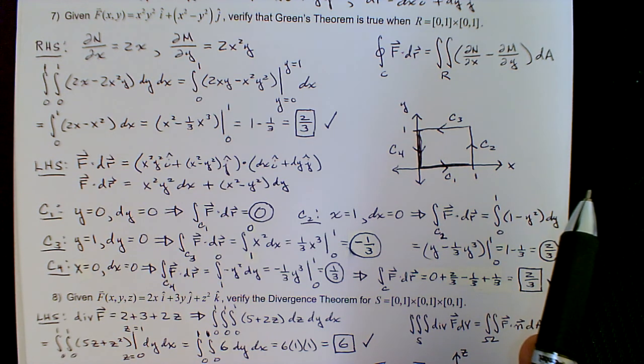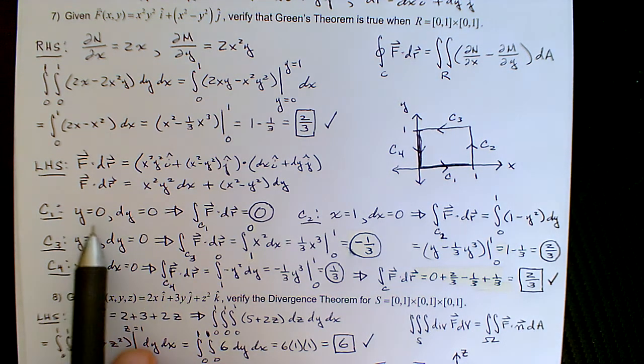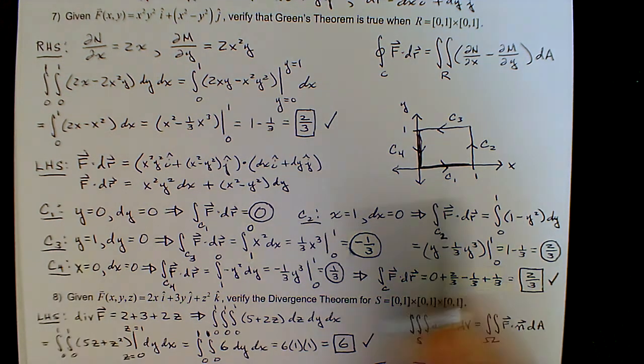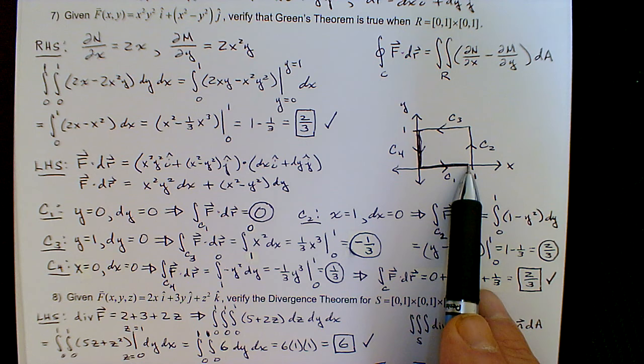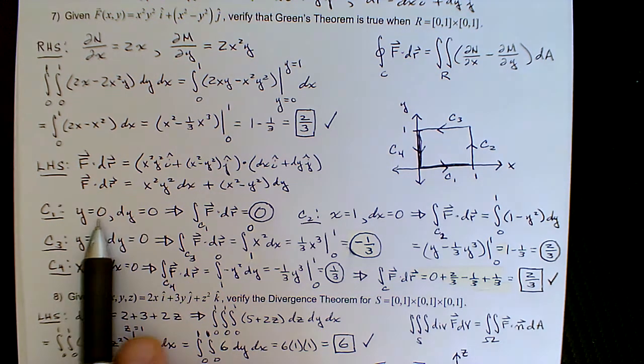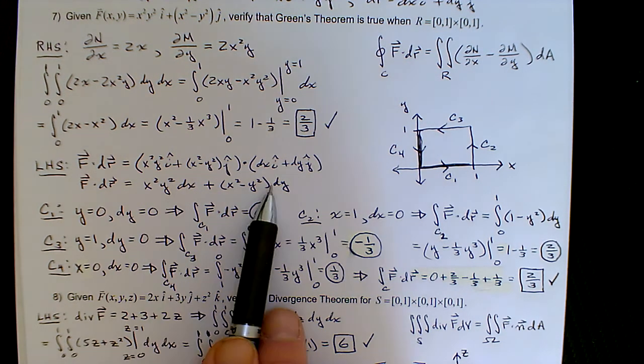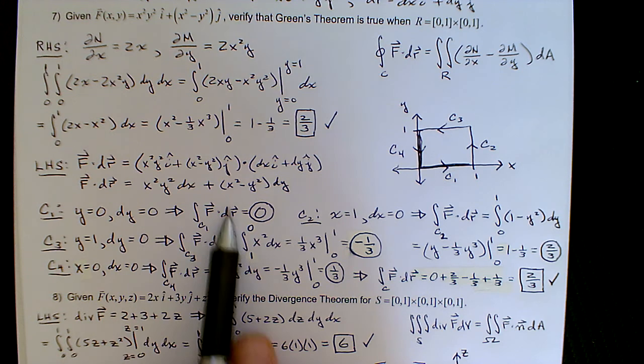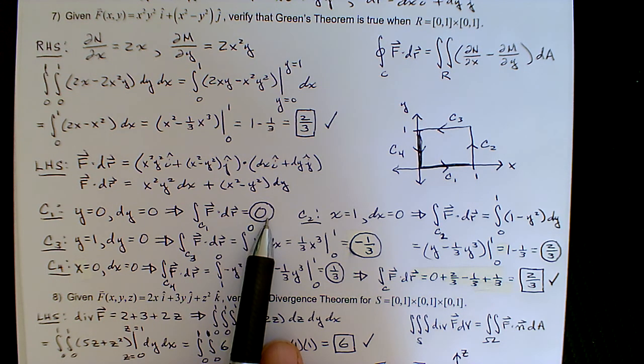So you could see that along C1, y is always 0, and dy is not changing, only dx is. And then you just plug into the f dot dr formula. Here we got 0, so that the integral is going to be 0.